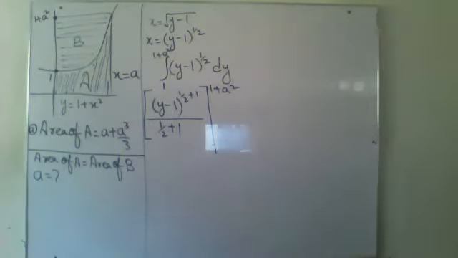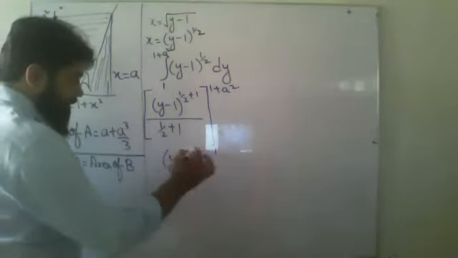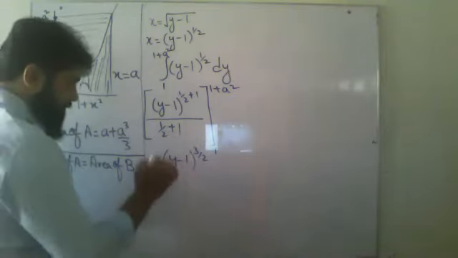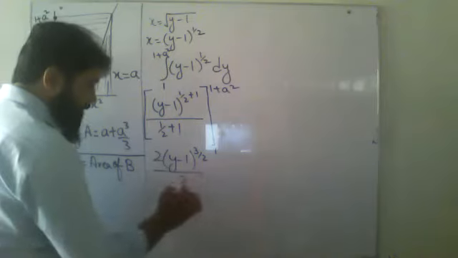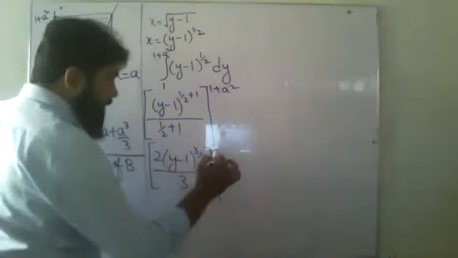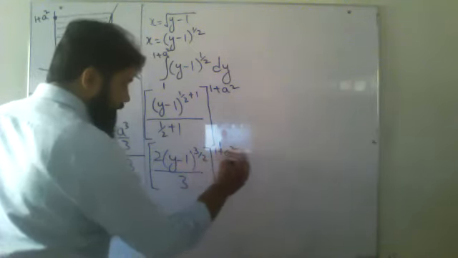So when I simplify this thing, this will become (y minus 1) power 3 upon 2, and this will become 2 over 3, with limits 1 to 1 plus a square.